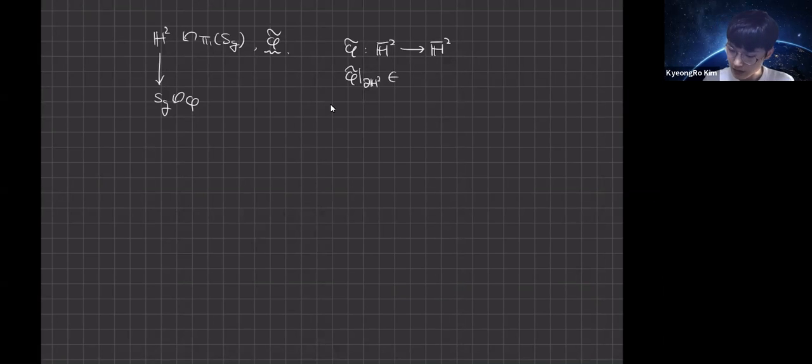Then we also get an orientation preserving circle homeomorphism. So we have pi1 SG as a subgroup of Homeo plus S1, and also phi tilde.